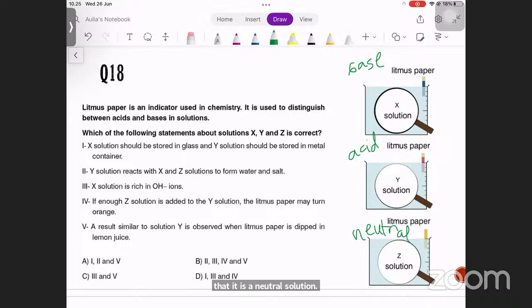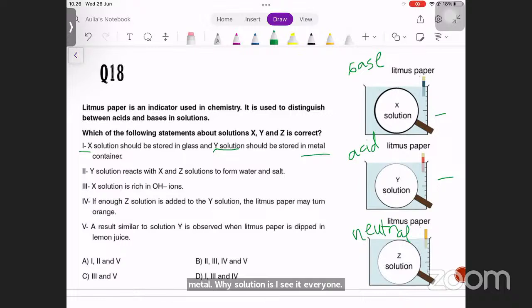By using this knowledge, we need to determine which of these five statements are correct. Let's look at statement one. X solution, the basic one, should be stored in glass, and Y solution, the acid one, should be stored in metal container. Well, X should be stored in glass. It is correct, but the next statement, Y solution should be stored in metal container. Y solution is acid, everyone.